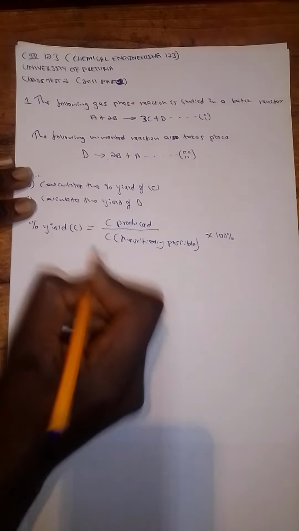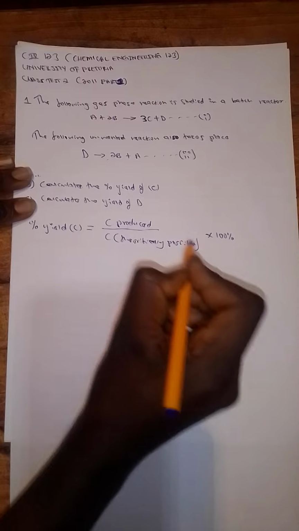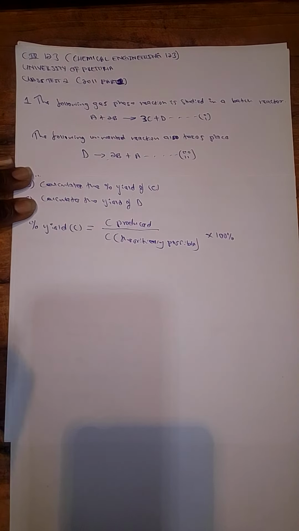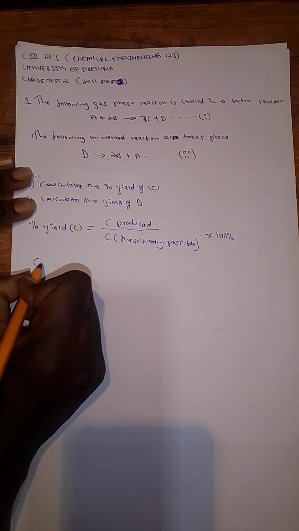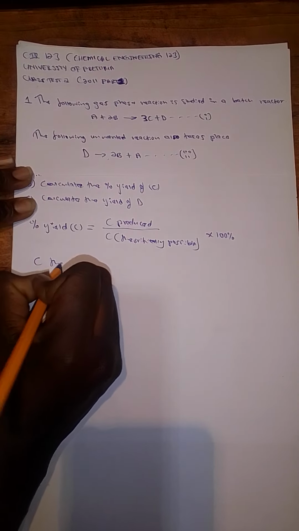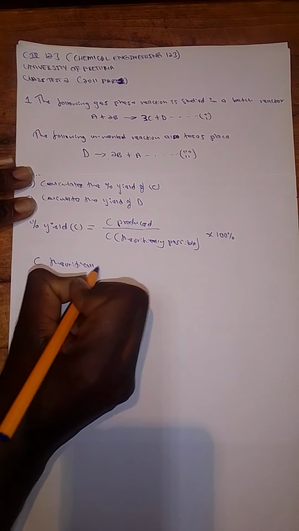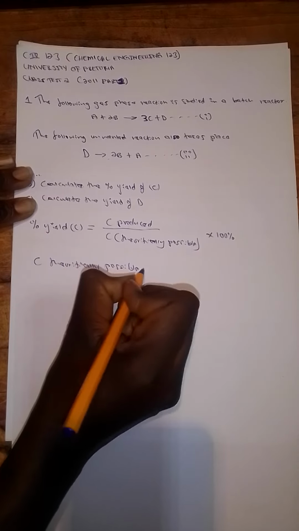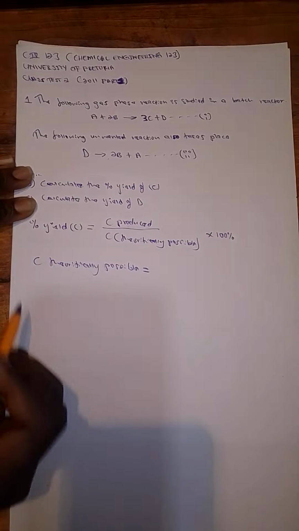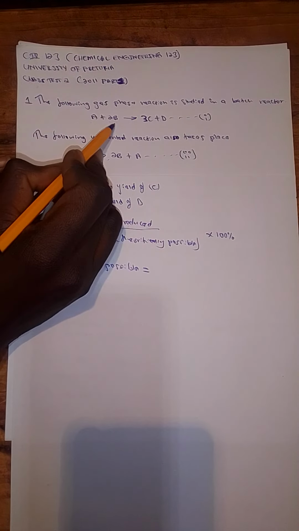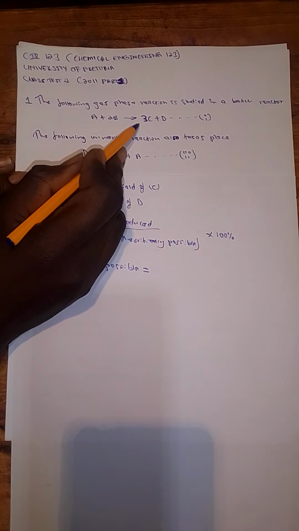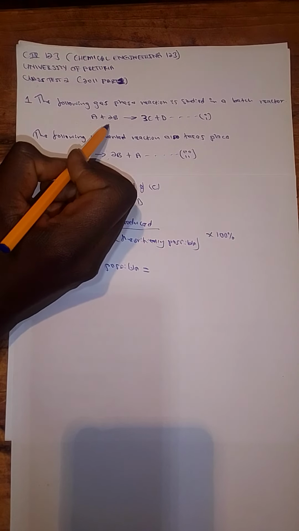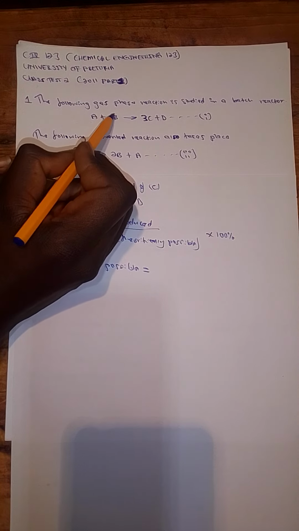So now I just want to do a little calculation of the theoretically possible C, and then I'll come back to the equation for percentage yield of C. C that is theoretically possible is equal to, when you look at the reaction equation, the ratio of B to C is 2:3. After the calculation in the first part, we found that initially there was 40 kilomole of B put in the reactor.